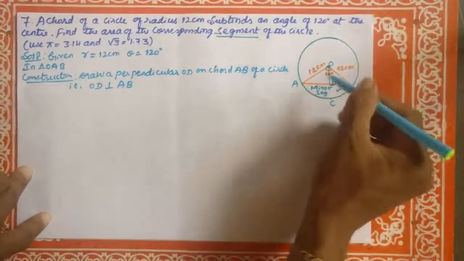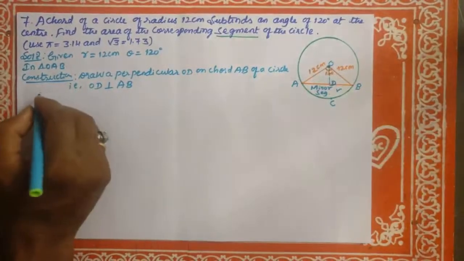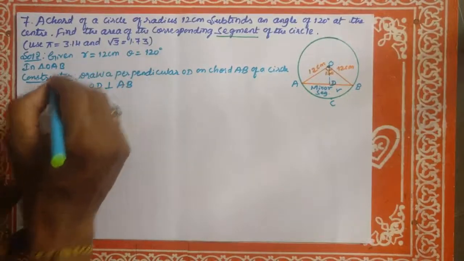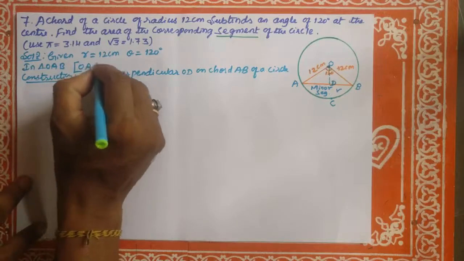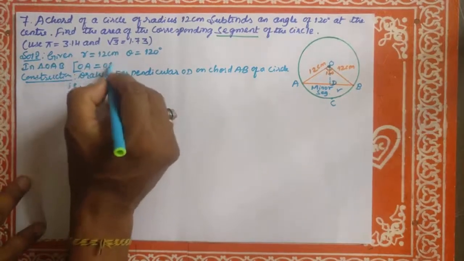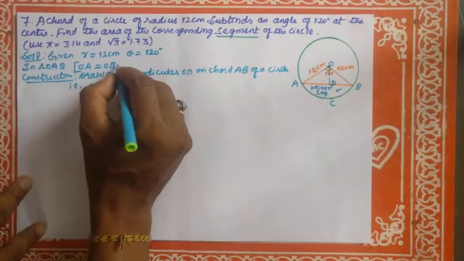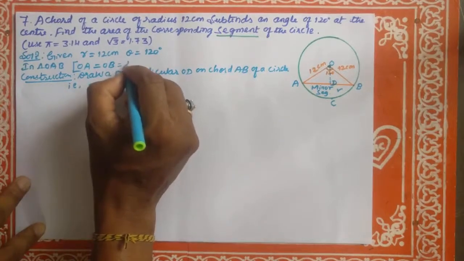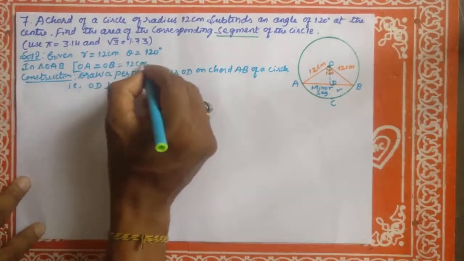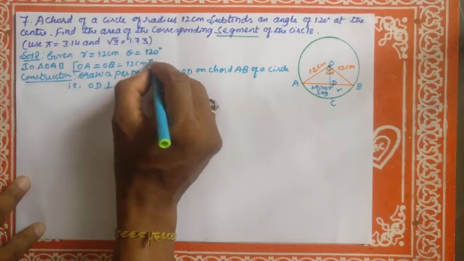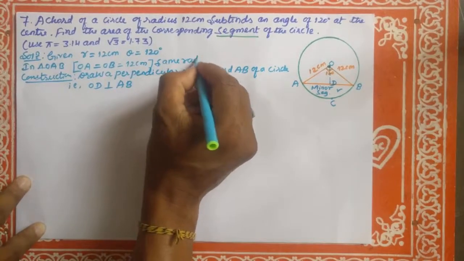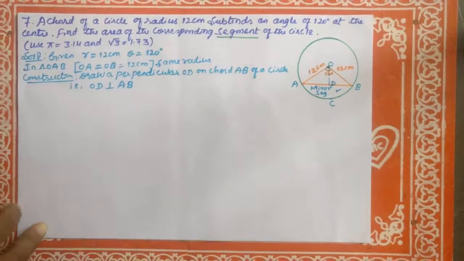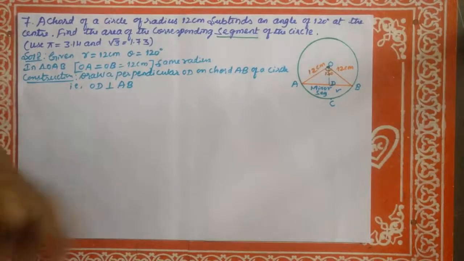And also here OA is equal to OB, which is equal to 12 centimeter, the same radius, or radii of a circle.